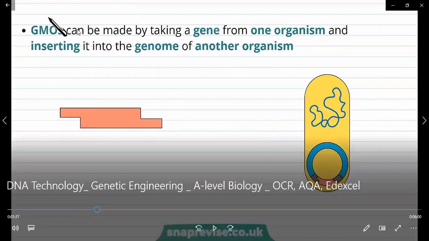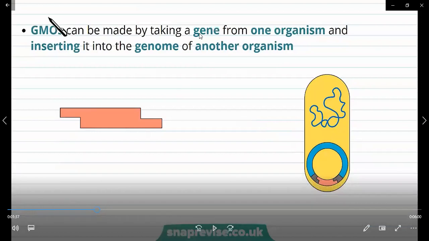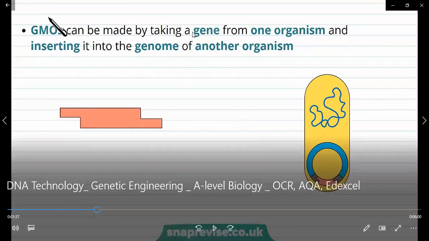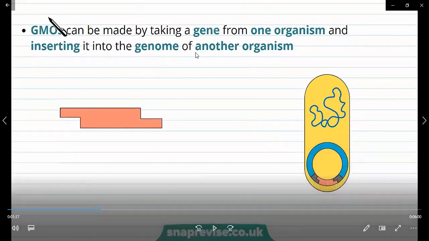So genetically modified organisms are basically produced by taking a gene. And remember that a gene is a portion of DNA that codes for one polypeptide. So if you take a gene that can code for one polypeptide from one organism and then you insert that gene into the genome of a different organism, then that's what we consider genetic engineering to be.